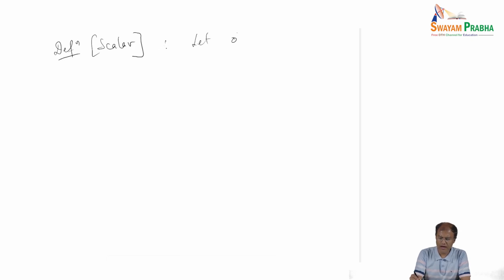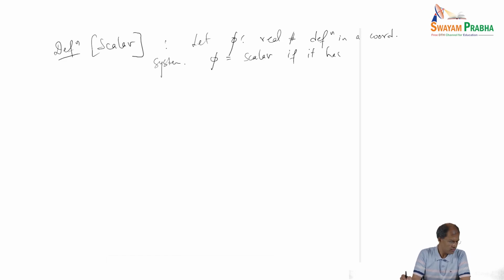So let phi be a real number, and suppose they are defined in a coordinate system, then phi is said to be a scalar if it has the same value in every coordinate system, right?